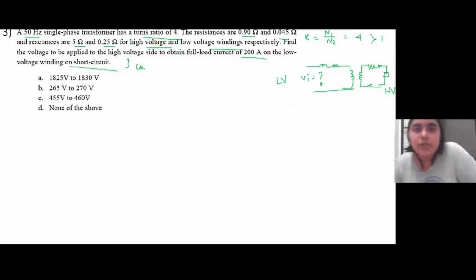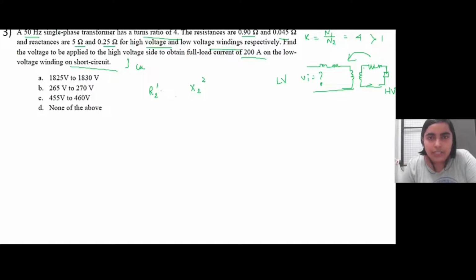So in order to compute this, let us first convert the secondary reactance and resistance to an equivalent primary. We have to calculate R2 dash and X2 dash, right? For both these cases, when the secondary resistance is calculated in terms of the primary resistance, we have to divide or multiply by the turns ratio.